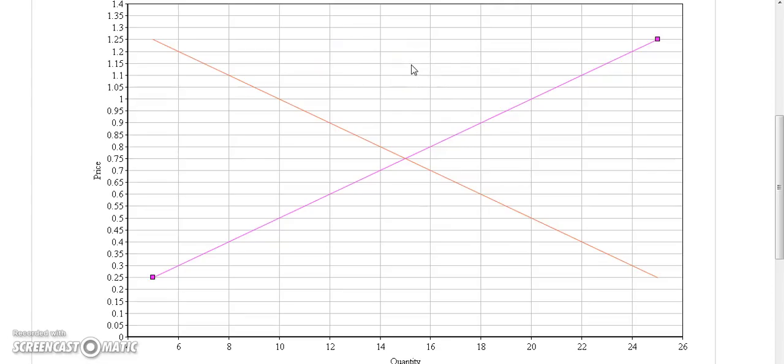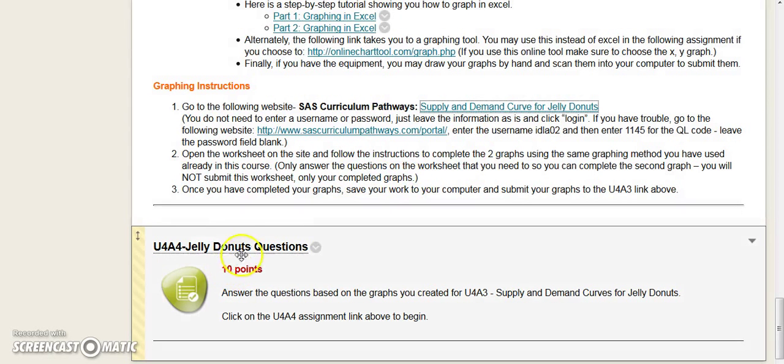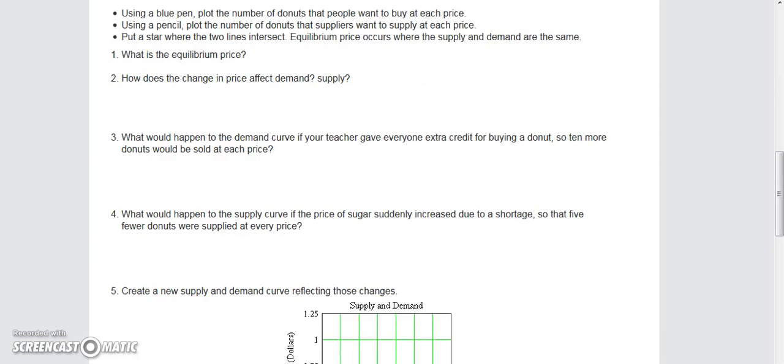So your new chart, again, should have an equilibrium price, but it's going to shift. So make sure that you're submitting 2 graphs for me. Once you've done those graphs, like I said, you'll go into U4A4 and answer those questions that you just saw on this worksheet. Good luck.